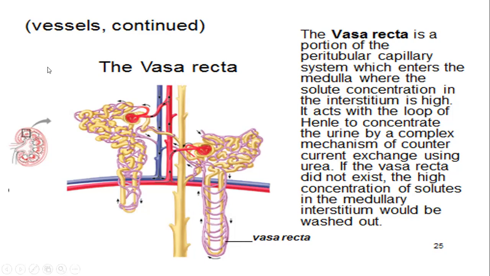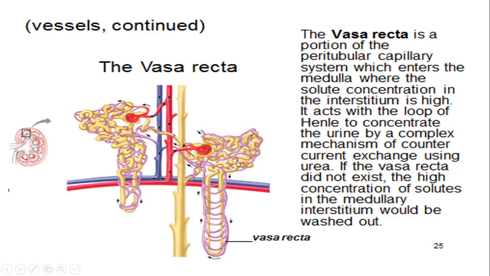So now what you're seeing here, these are two different types of nephron. The one that you are seeing here is known as the cortical nephron, and this cortical nephron is found in the cortex, and it has got no Vasa recta, right? And it has only got what you call the peritubular capillary. But what you are seeing here is known as a juxtamedullary nephron, which has got two types of blood capillaries.